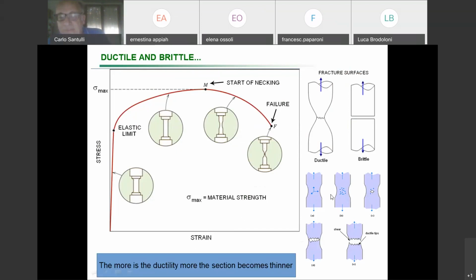Whilst if you have a brittle behavior, then you have some breakage which is connected to the fact that there are cracks. Cracks tend to merge between them. There is a merging of different cracks whose summation is a larger crack which travels faster and leads to a brittle failure.